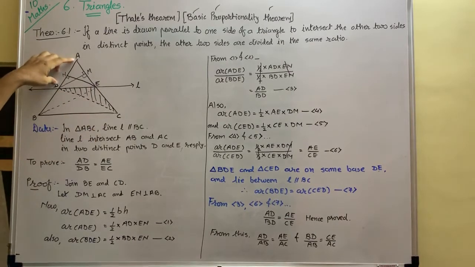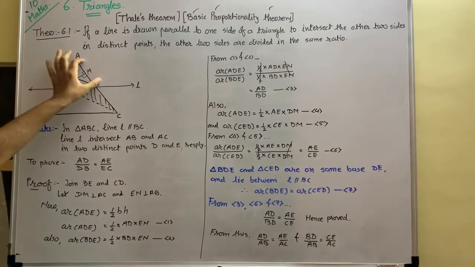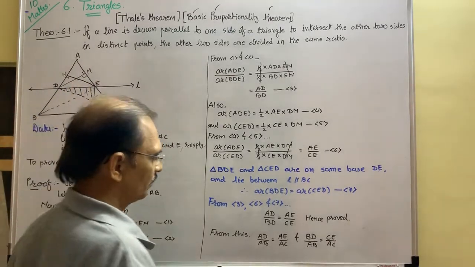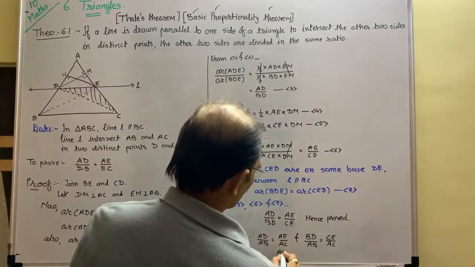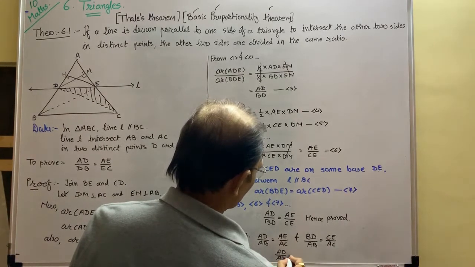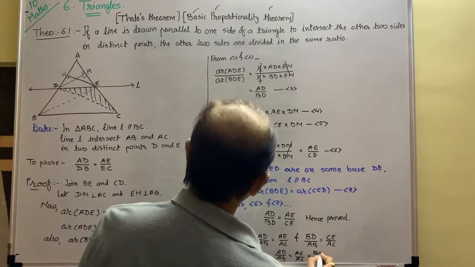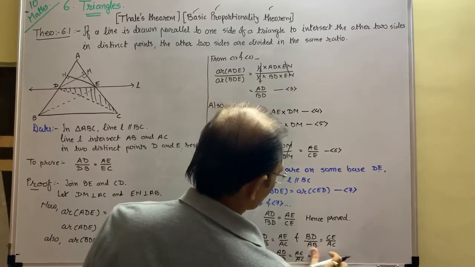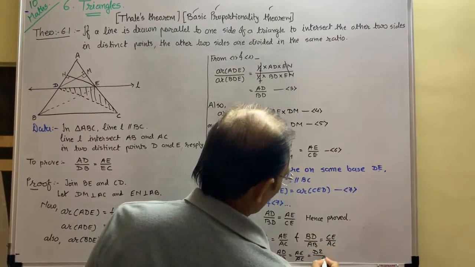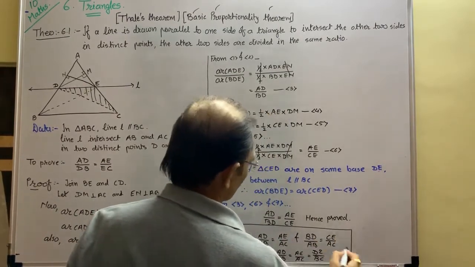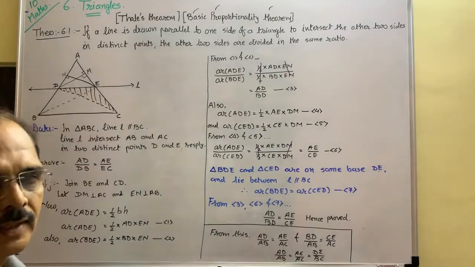Okay, so I can write AD upon AB equal to AE upon AC, that is equal to what? DE upon BC. Remember this results also, which will be helpful in your board exam.